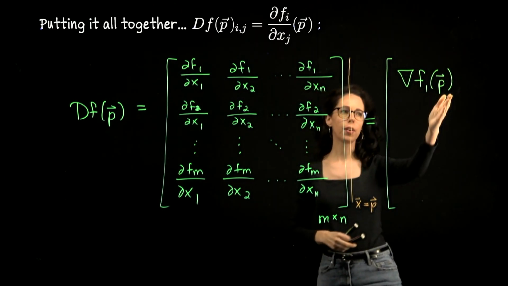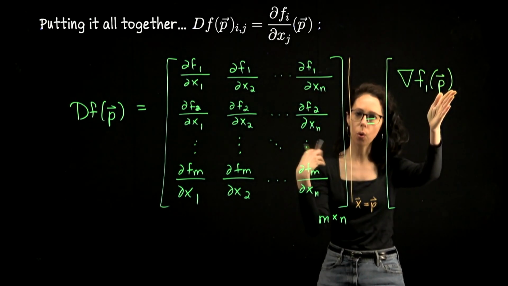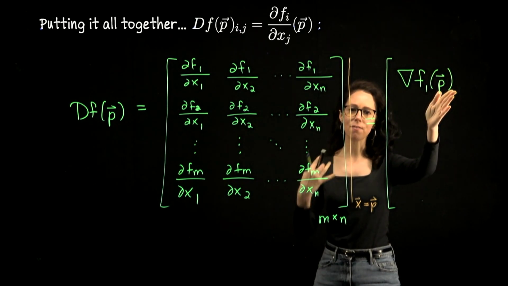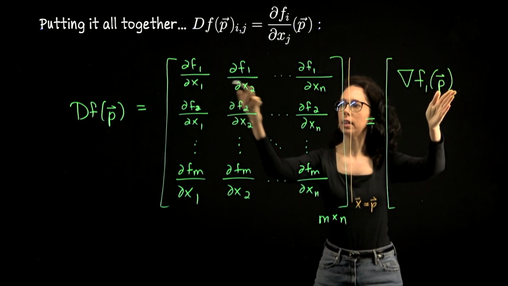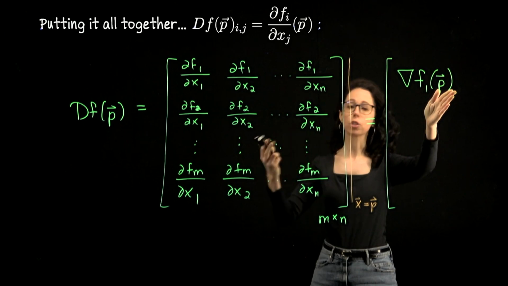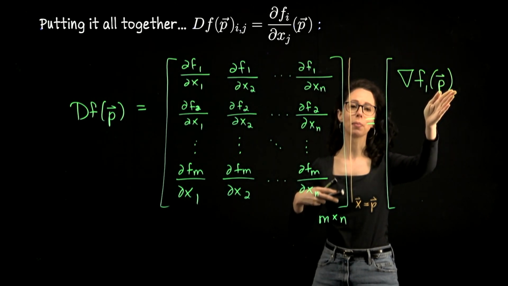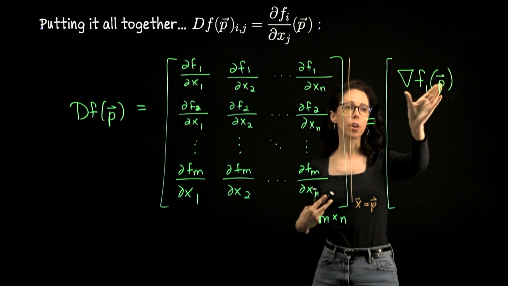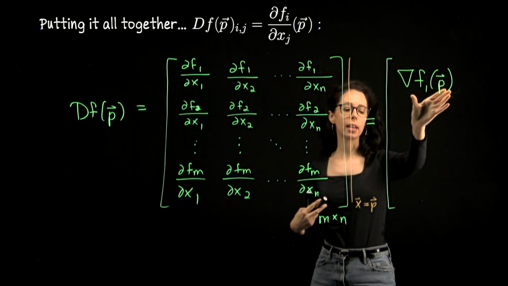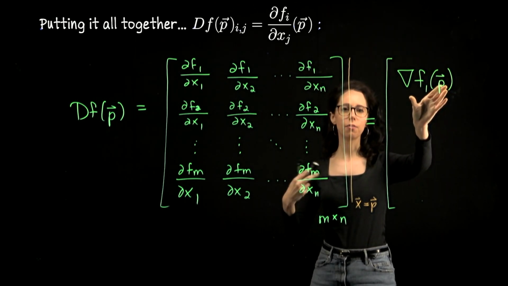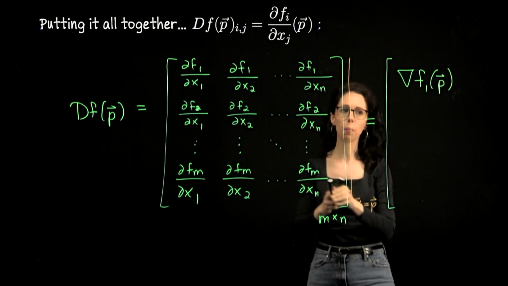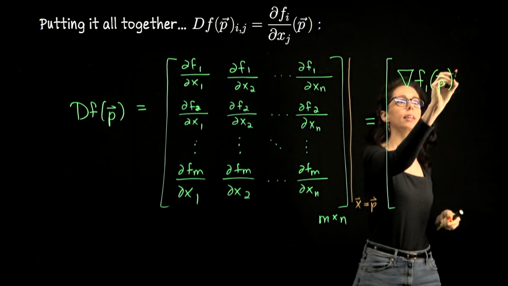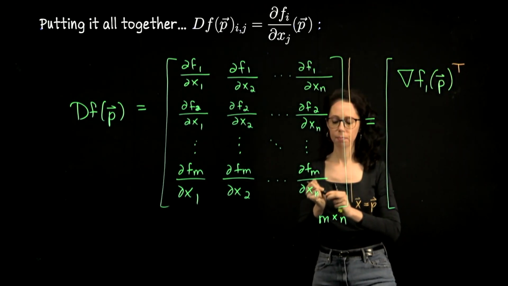For a scalar valued function, when you form the gradient vector, it's a vector where all of the coordinates are the respective partial derivatives of that scalar valued function. It's a vector. So the gradient of f1 is an n by 1 vector. It should be written as a column. Here it's a row. So you must write this with a transpose.